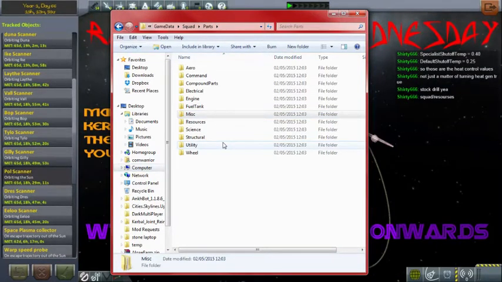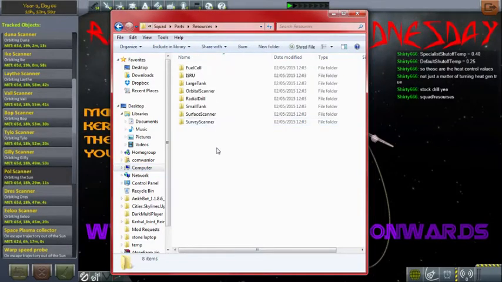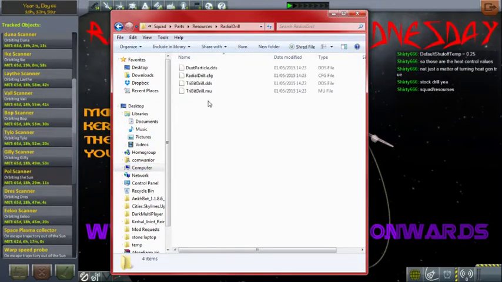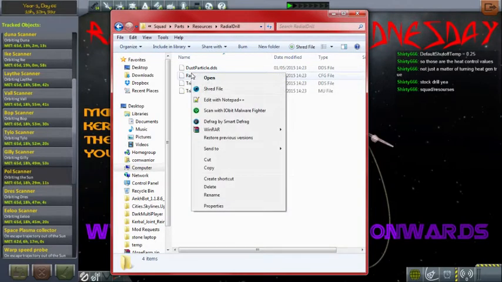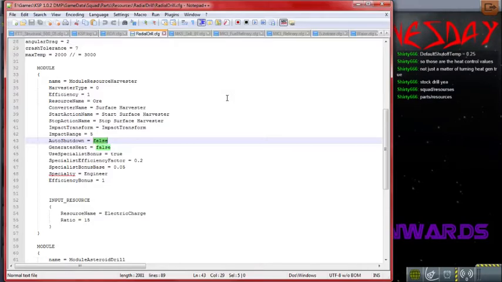Oh, just found where they put the potato roids. Squad resources. I didn't see it in there. There. Found it. Okay, let's have a look at the stock one, which I thought we were actually in.